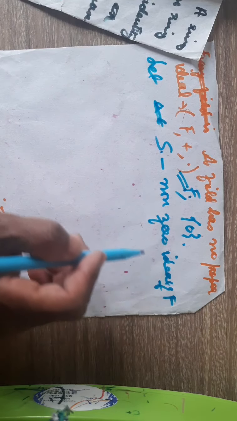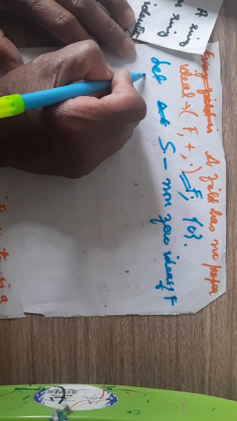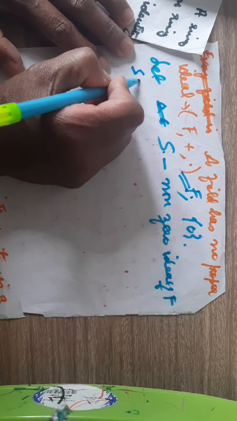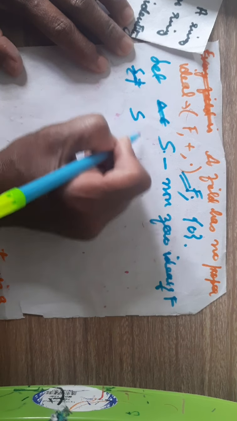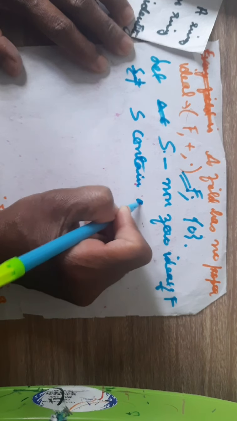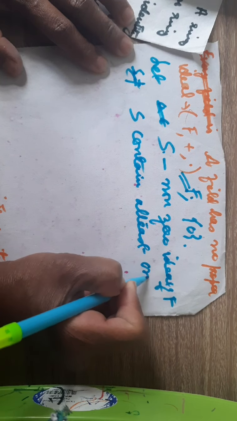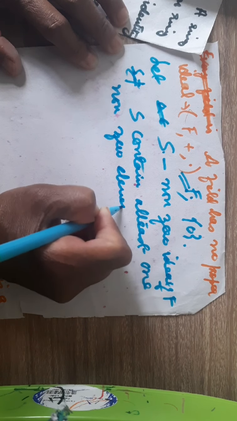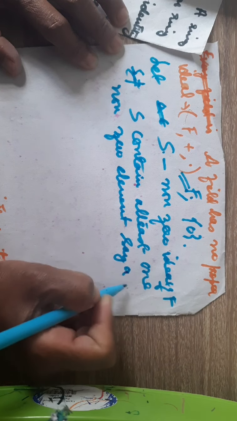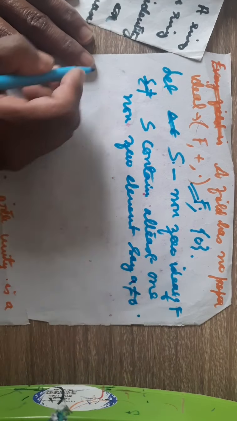If S is a non-zero ideal of F, then S contains at least one non-zero element, say A, where A is not equal to 0.